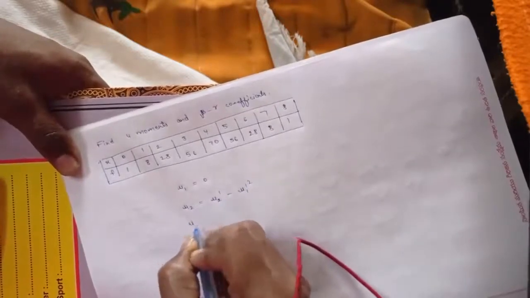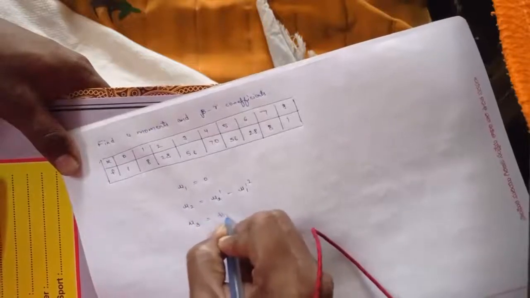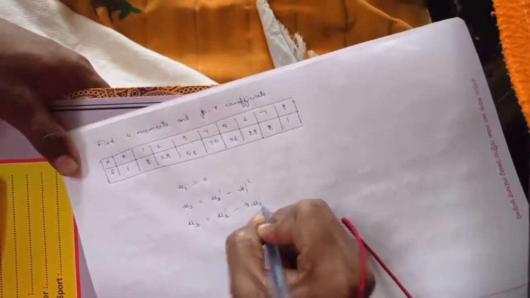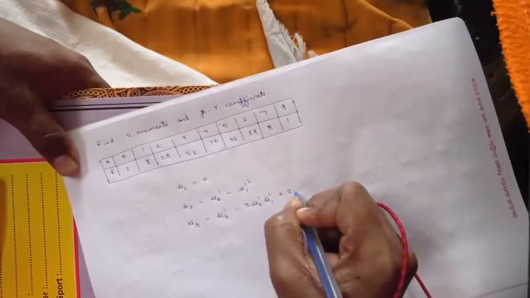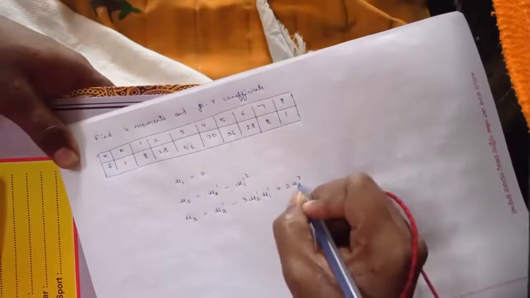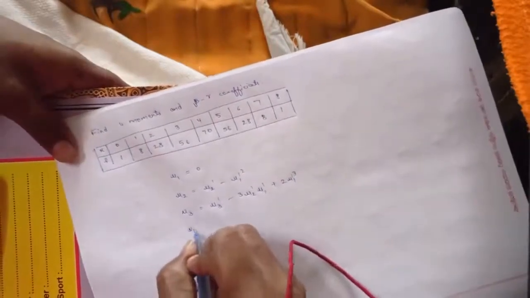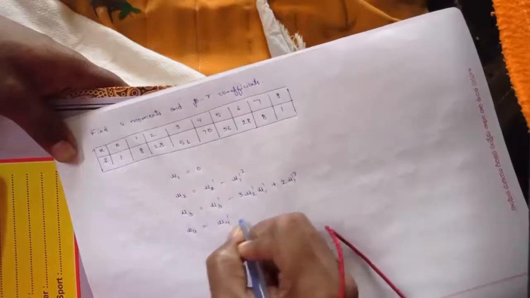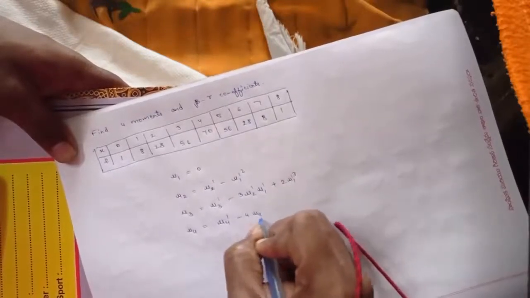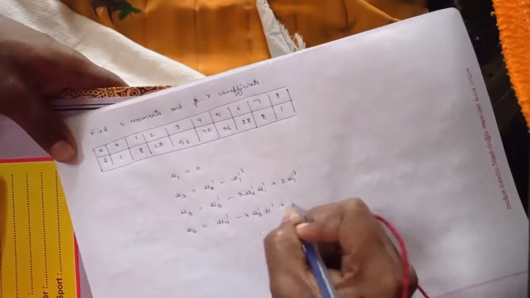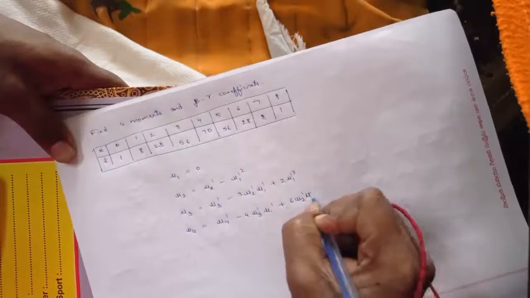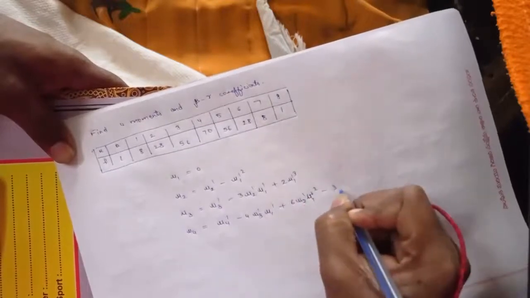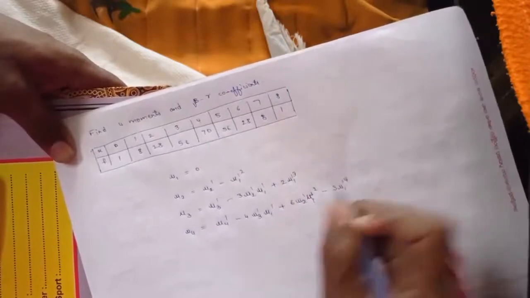So mu3 is equal to mu3 dash minus 3 mu2 dash mu1 dash plus 2 mu1 dash power 3. So mu4 is equal to mu4 dash minus 4 mu3 dash mu1 dash plus 6 mu2 dash mu1 dash square minus 3 mu1 dash power 4. So these are the four moments.